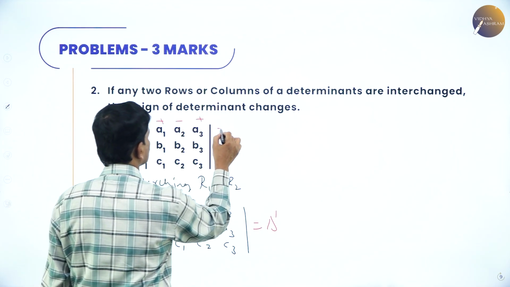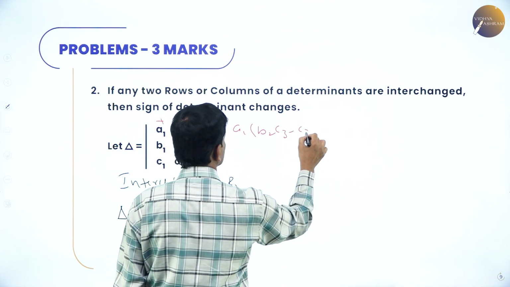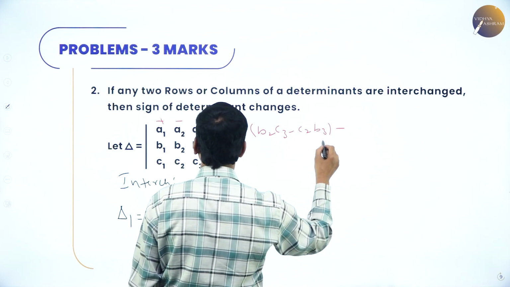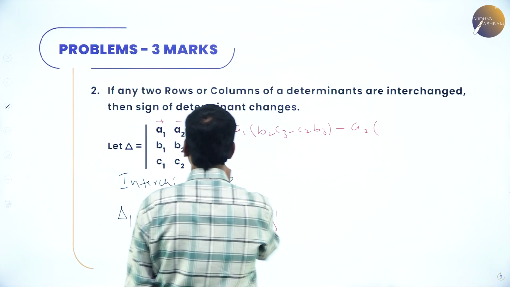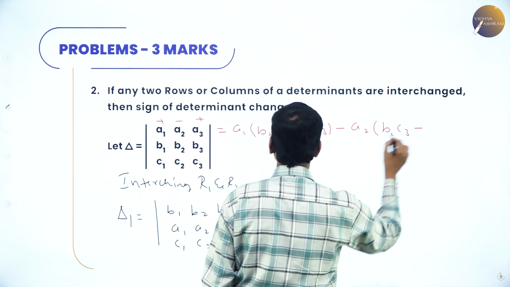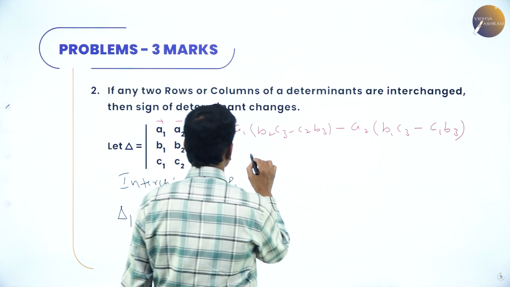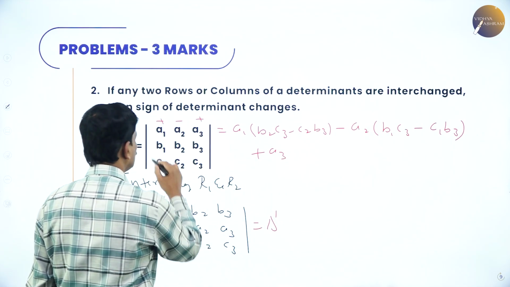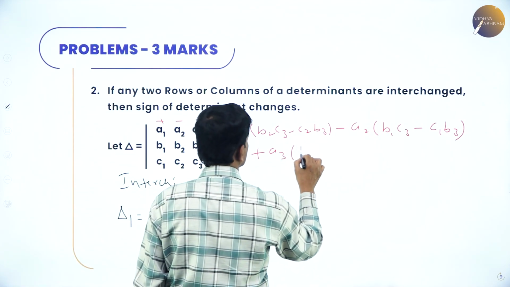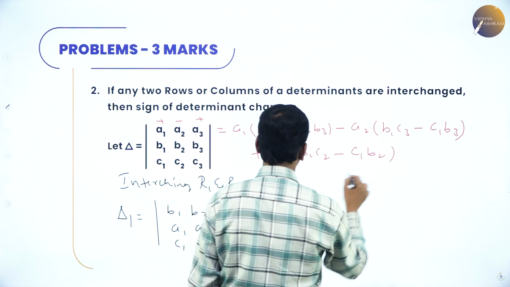Plus, minus and plus as usual. A1 into (B2 C3 minus C2 B3), minus A2 into, this row and column is deleted, (B1 C3 minus C1 B3), then plus A3 into, this row and column is gone, (B1 C2 minus C1 B2). Simplify this.